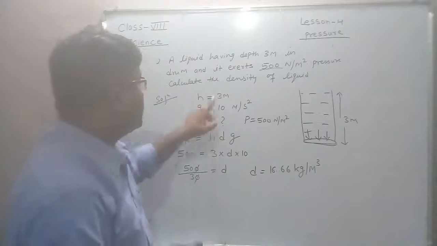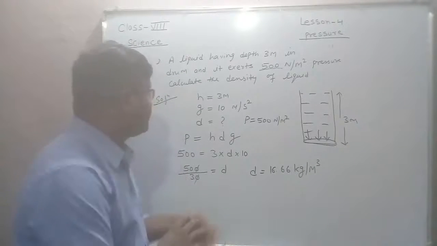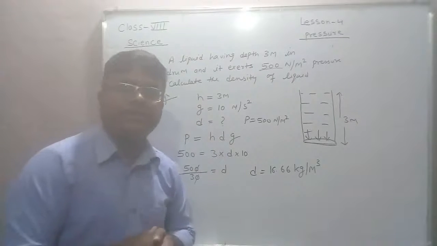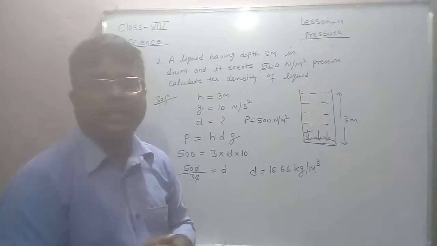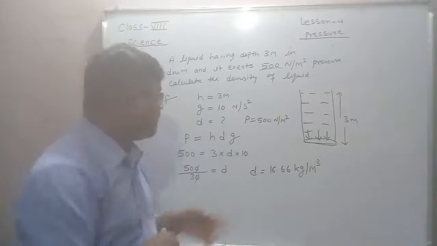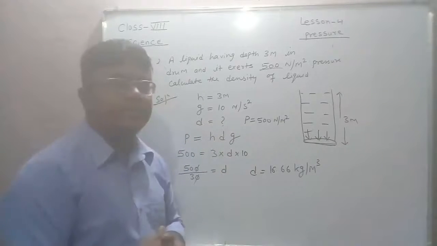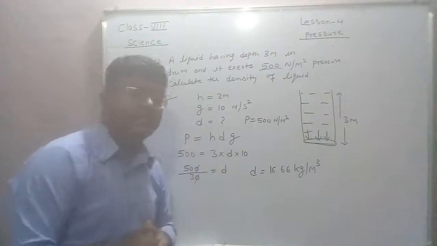Height of the liquid column is 3 meter. Acceleration due to gravity is 9.8 exact, but for convenience we can take 10 meter per square second, so I have used 10.